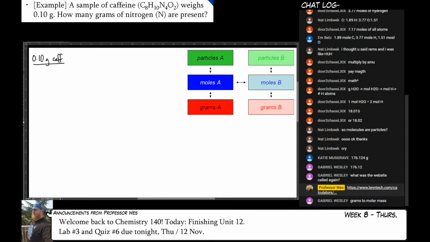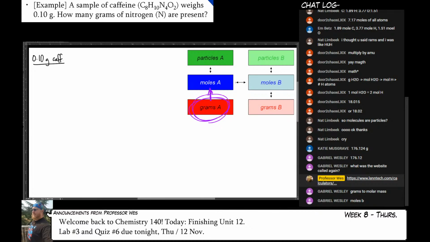So I want to start by doing grams to molar mass. So that means I got to start here, yeah? So this is where I'm starting. And obviously we're going to go this way. And then once I know the number of moles that I have, what will I do with that? Then we'll turn it into moles of the other thing.